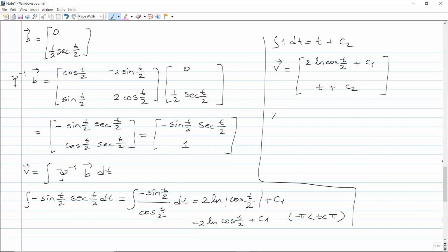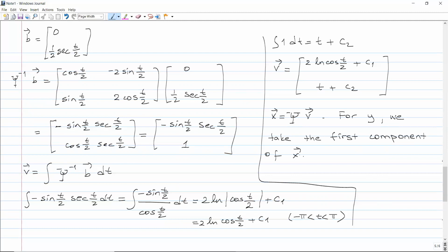And for the solution of the system, I multiply the fundamental matrix with this v. But remember, for our equation for y, we take the first component of x.